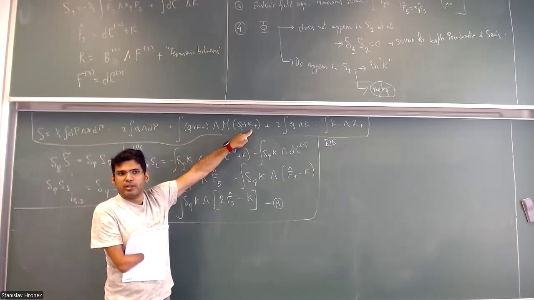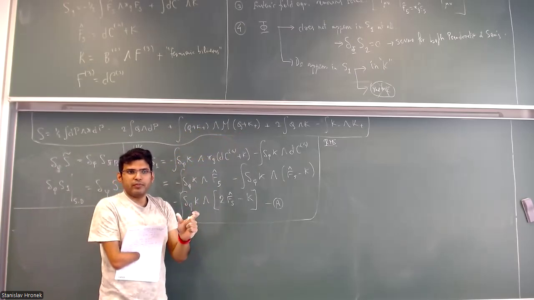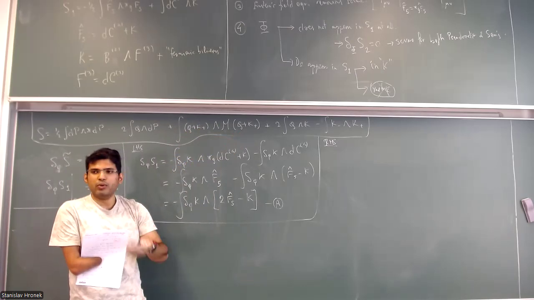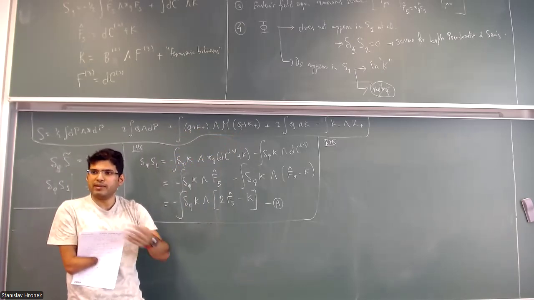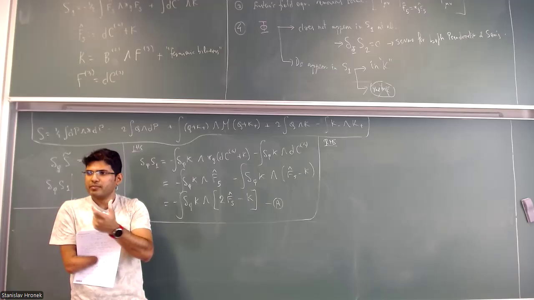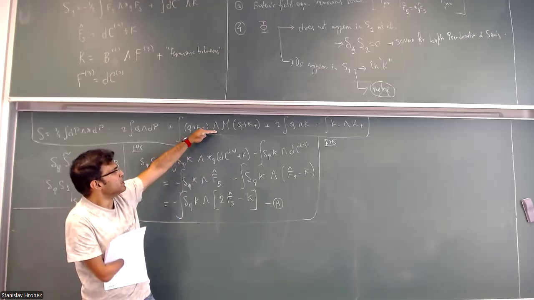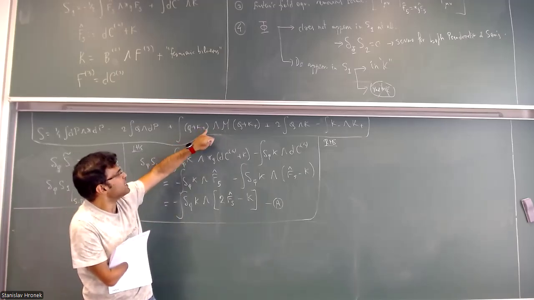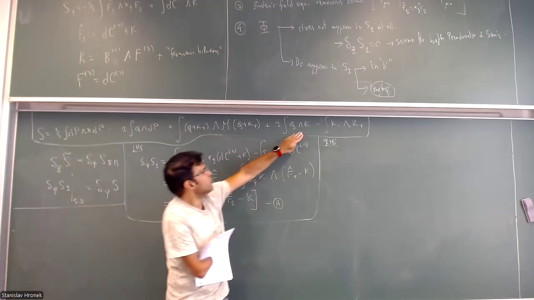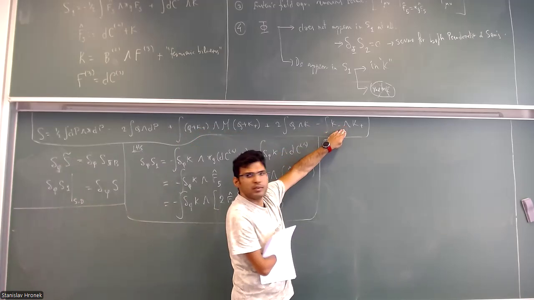Now remember I told you that m has the symmetry property: if there are two eta self-dual forms, some q1 and q2, q1 wedge m of q2 is the same as q2 wedge m of q1. So those two terms are exactly the same. And then of course there's a term which is k plus wedge m of k plus. That is of course going to contribute. And then there's going to be contribution from this and this.